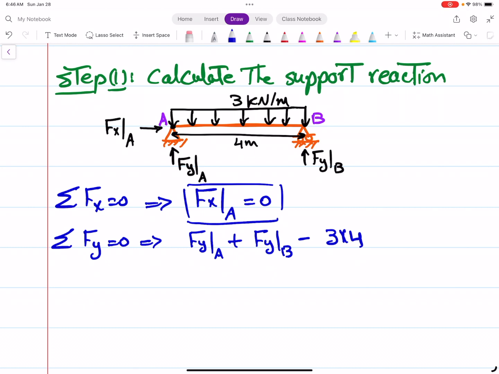This is the equivalent point load to this distributed load. And for sure it will be pointing downward, so we have the negative sign. This will be equal to 0. That means Fy at A plus Fy at B equals 12.